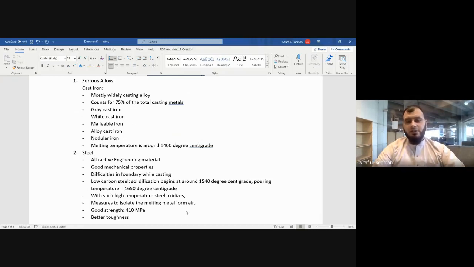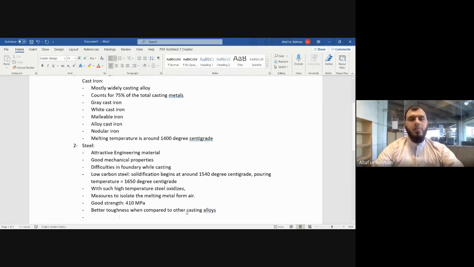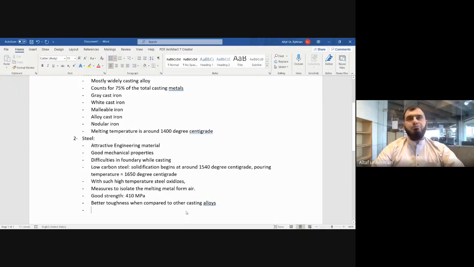So it has better toughness when compared to other casting alloys. Similarly, it has much better weldability. It means that it can be welded easily when compared to other metals.